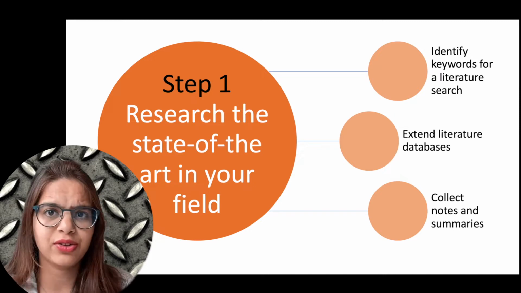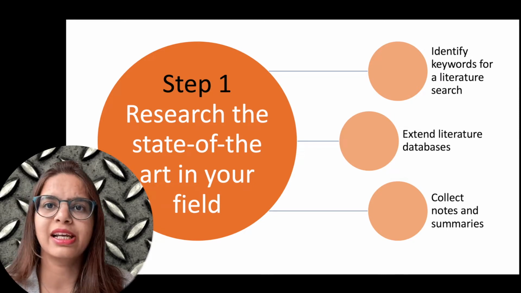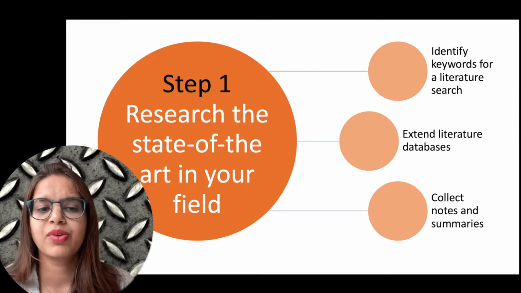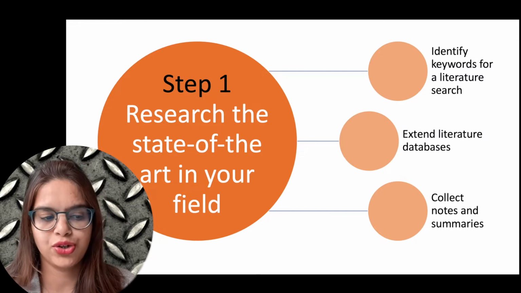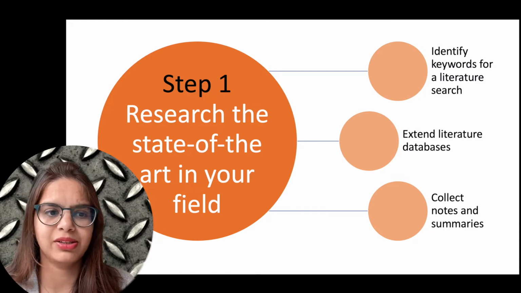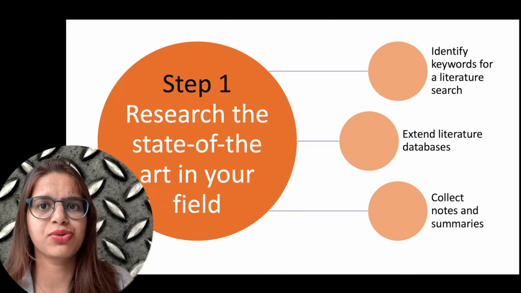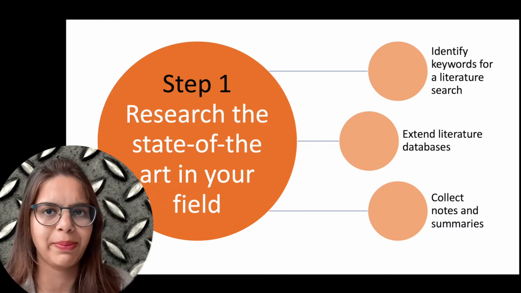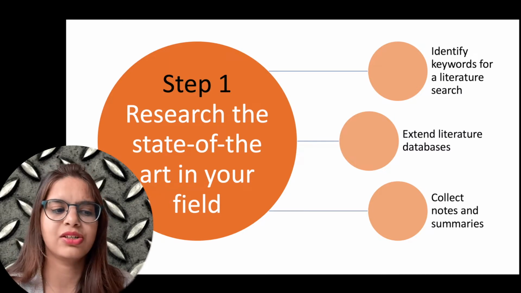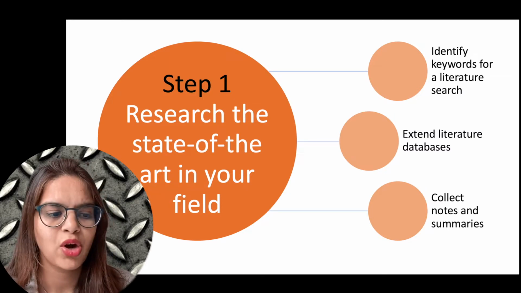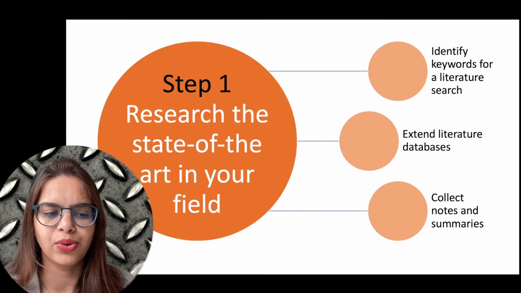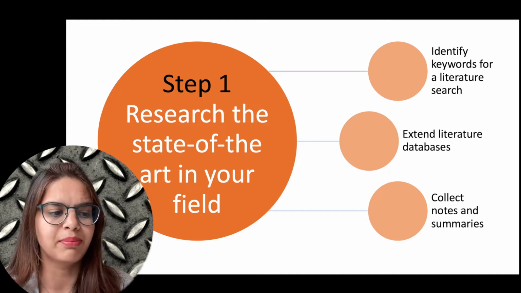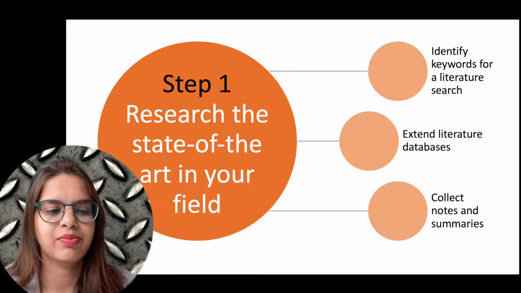Then specify your search regarding the literature database, such as publishing dates, geographic areas, or applied methods or approaches. Just try to study in detail the different research papers. And finally, collect notes and summaries of articles as you read, keeping reference numbers with your notes so you can always revisit articles.